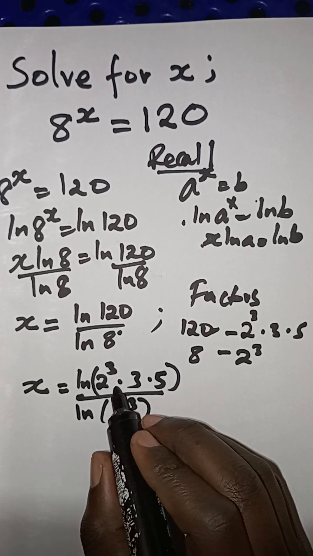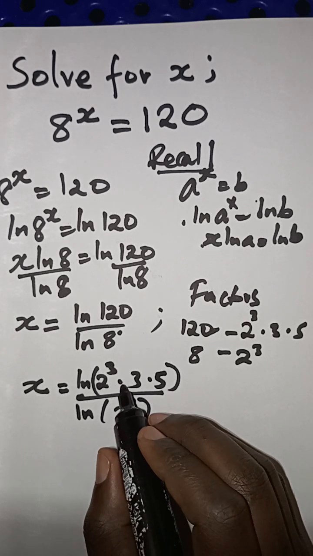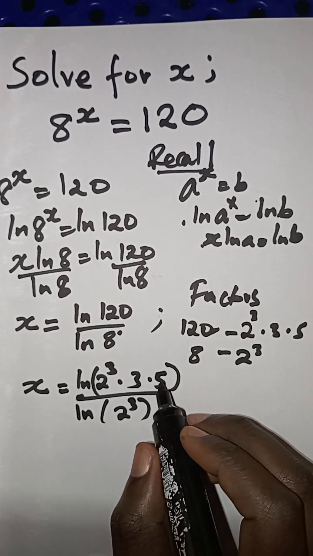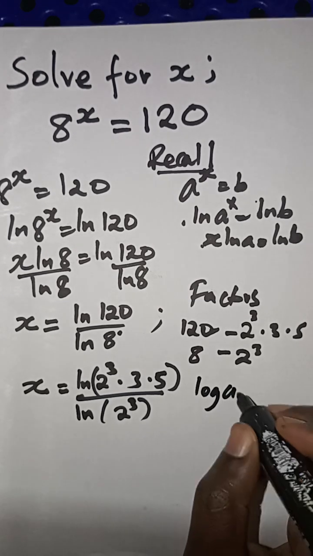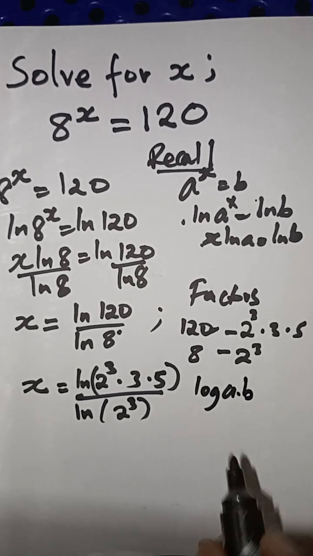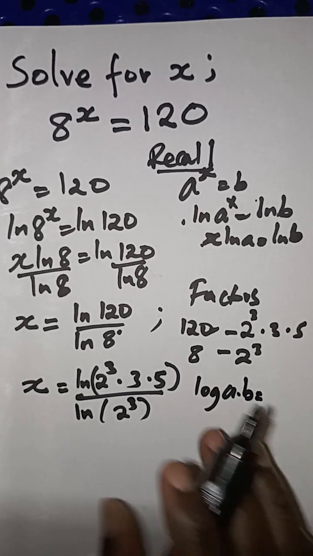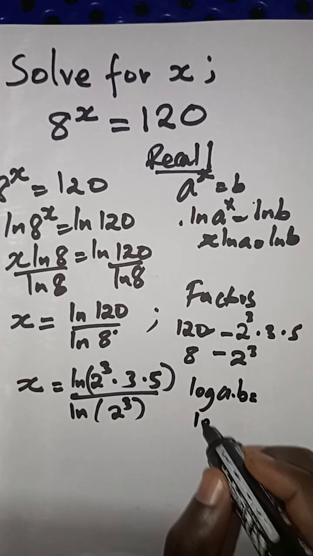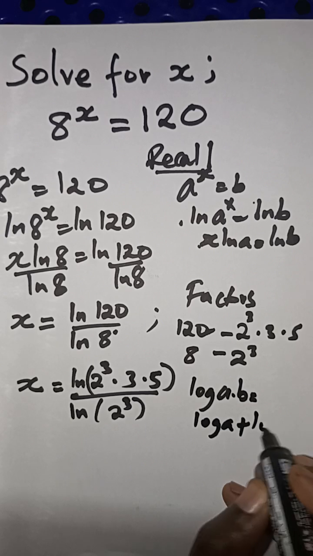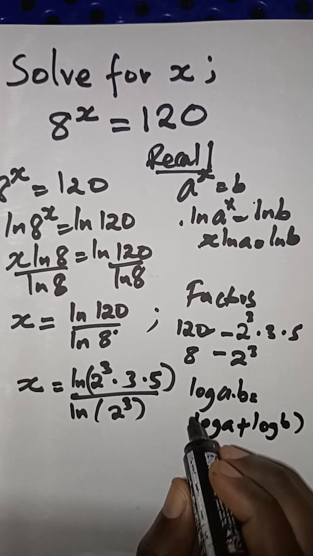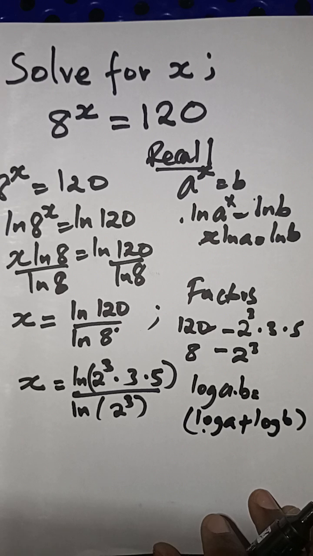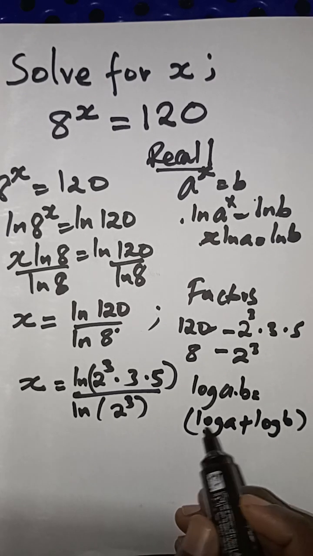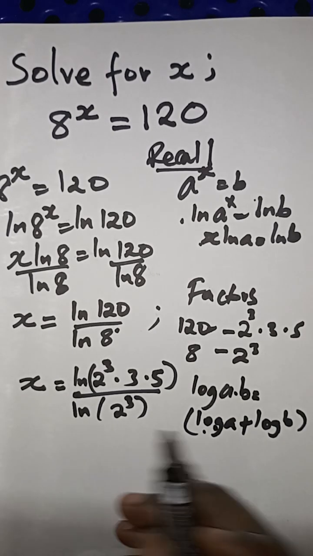Since I have 2 power 3 multiplied by 3 multiplied by 5, you recall again that wherever you have the log of a multiplied by b, this can be simplified as the log of a plus the log of b. And of course, the ln and the log are the same.